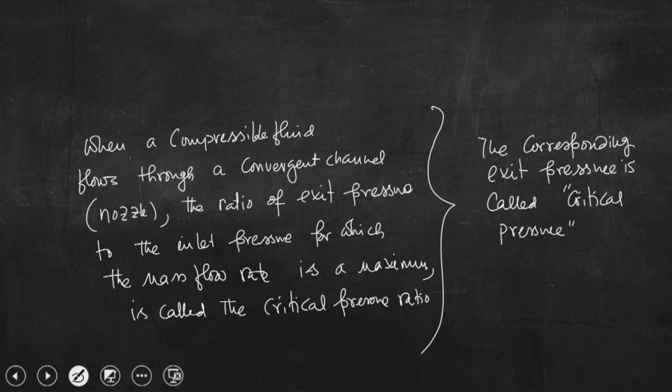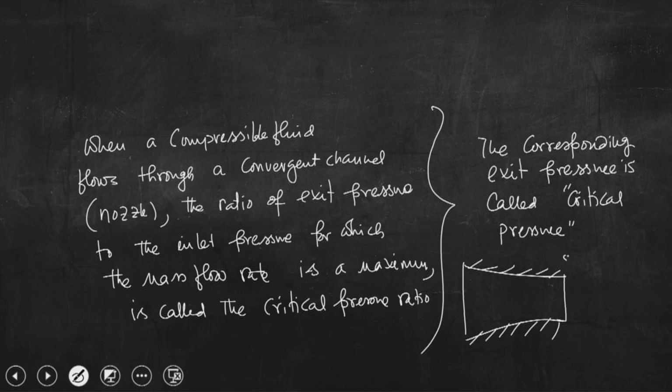Okay. So, if there is a convergent channel like this, and there is a compressible flow, and we are assuming that there is no heat loss, so the system is not having heat interaction with the surroundings.